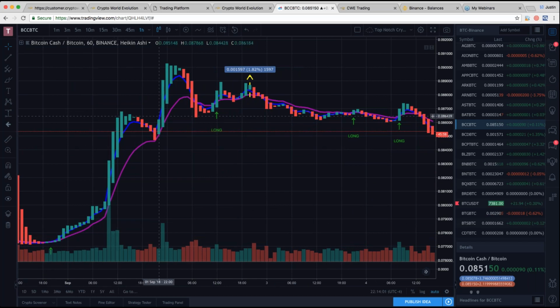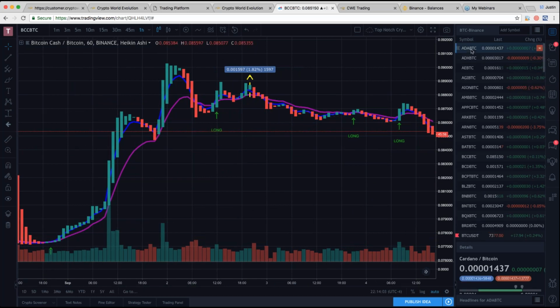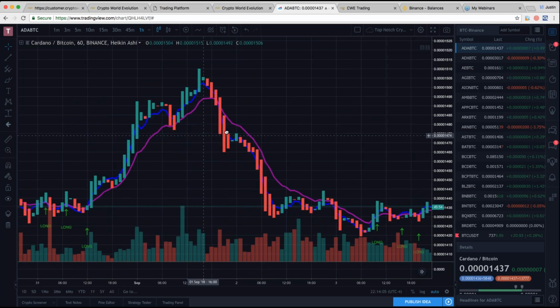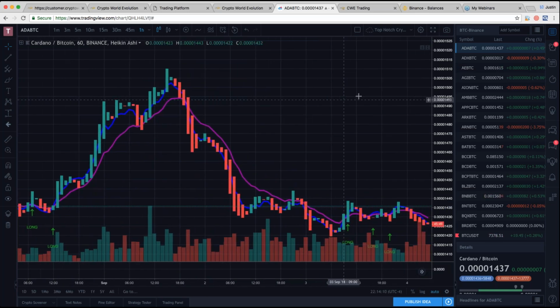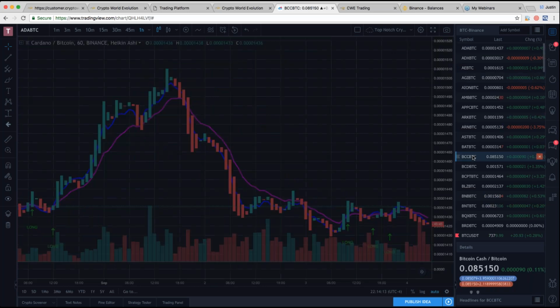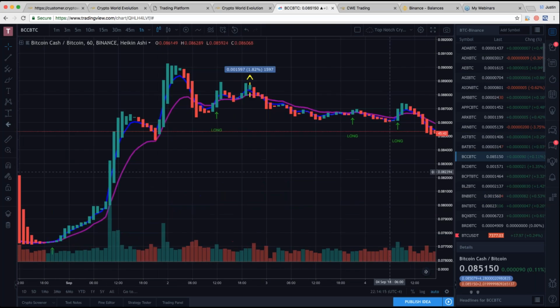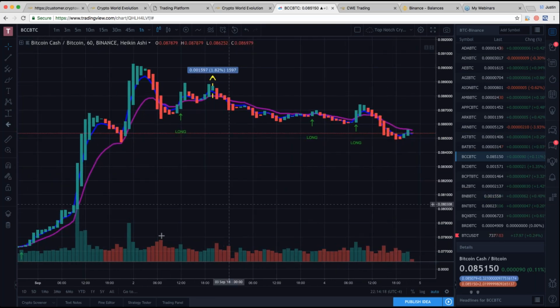It has the same pattern as ADA did back here when I showed you the pattern a little bit ago, right? So you see it back here, it shot up, came down. So all of these top 15 coins, usually 90% of the time, run the same pattern as Bitcoin, okay? And that's why I want to show this with you. So you see up, down, you see it now, it's coming up again, the same thing ADA is doing. So this is why it's important.